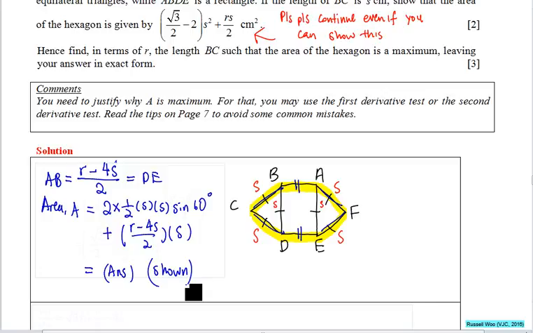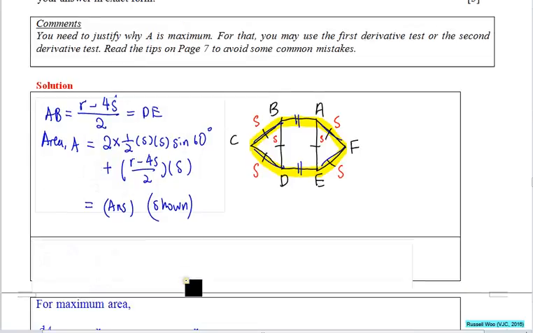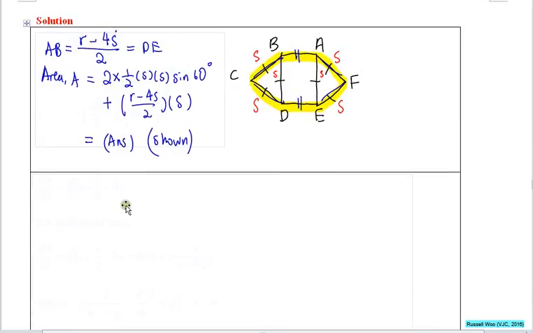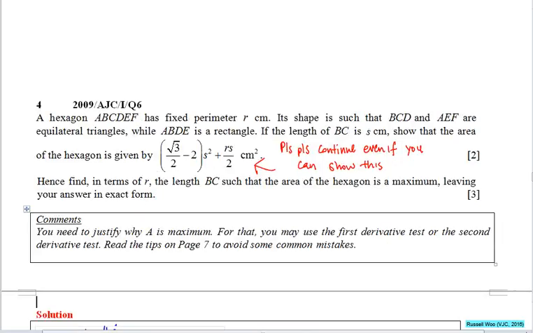Hence, find in terms of R the length BC such that the area of the hexagon is a maximum. Okay, what is that? Now, this one, this is A. I want to warn all of us, can I have attention?